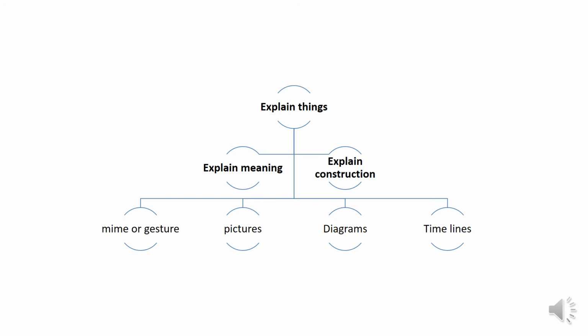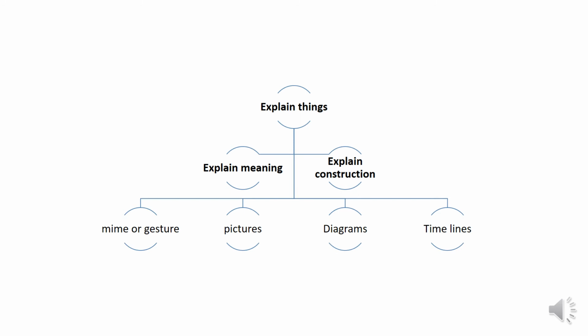How can we explain things? We can explain them by meaning, or we can explain them by language construction. In explaining meaning, we are showing it. For actions we can use mime or gestures. We can demonstrate superlative activities by using hand and arm movement.